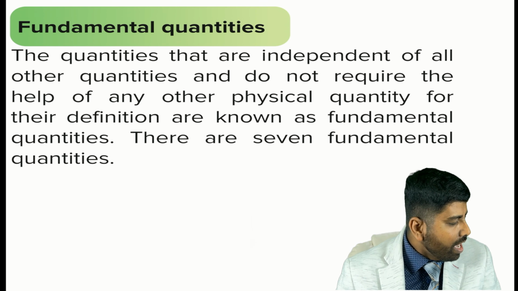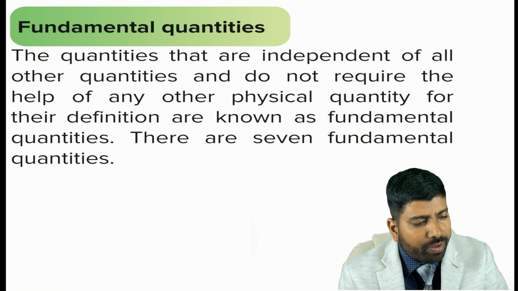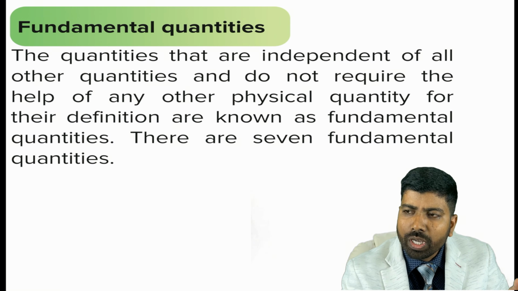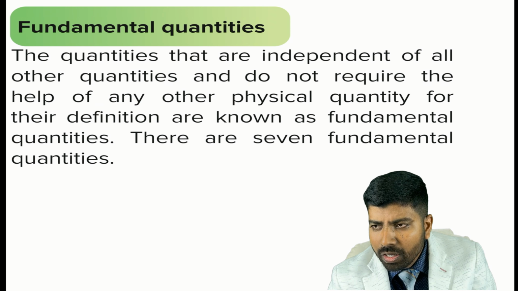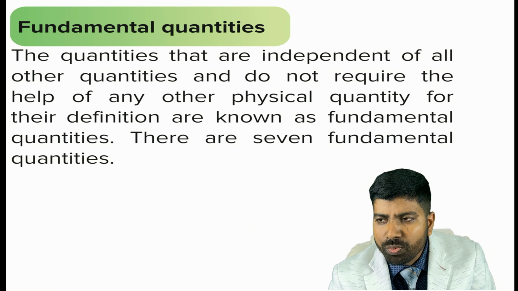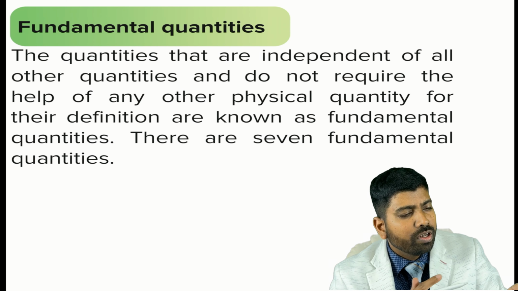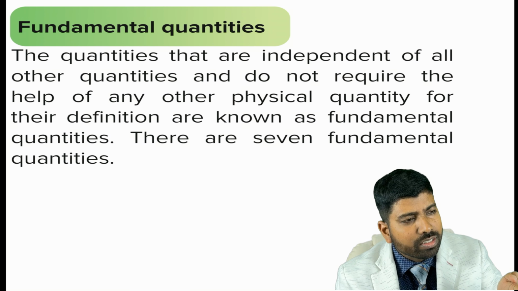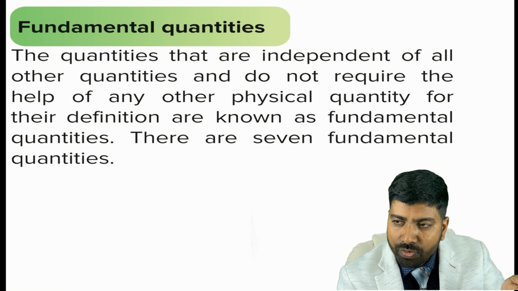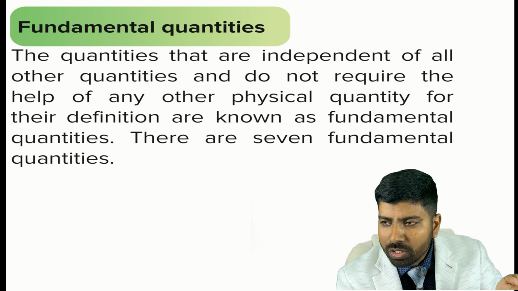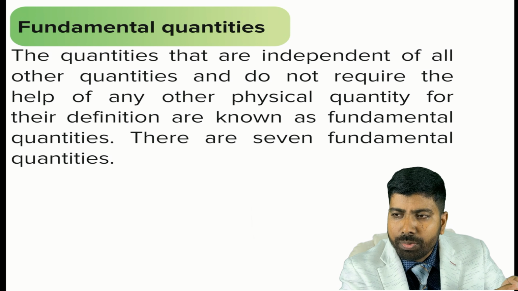But if I ask you to find out the area of any given shape, for example a rectangle, you have to measure the length first with the help of the ruler or meter scale, and you have to measure the breadth.